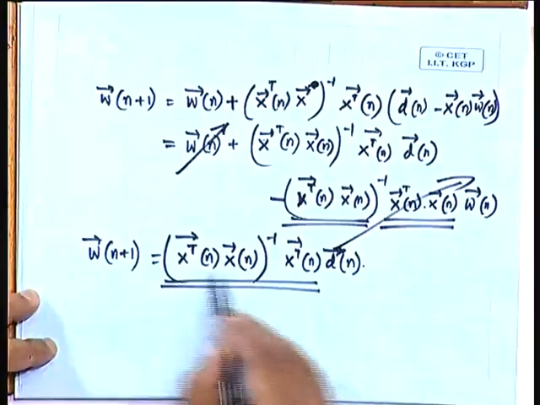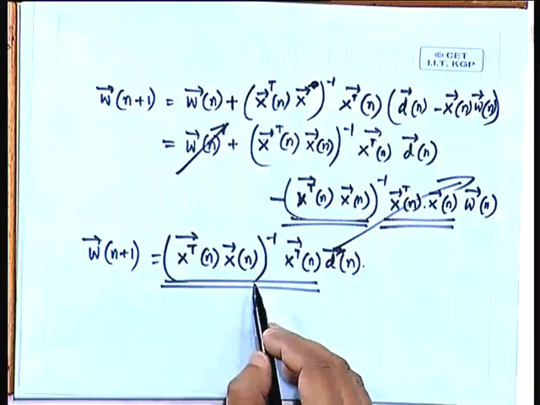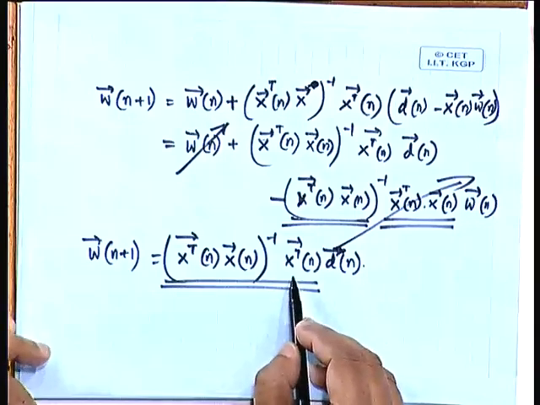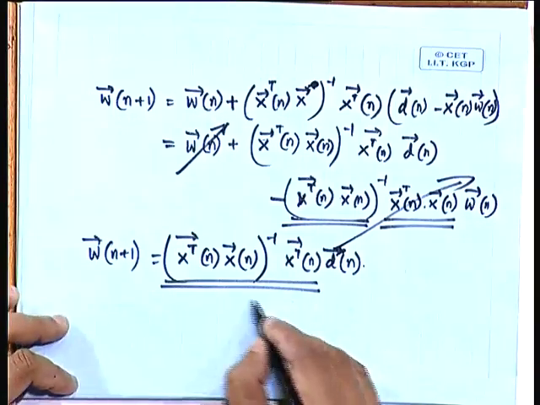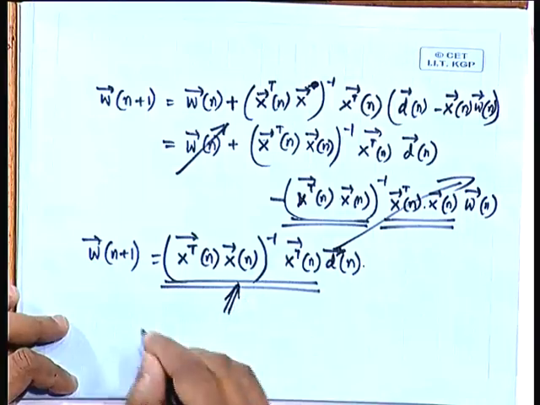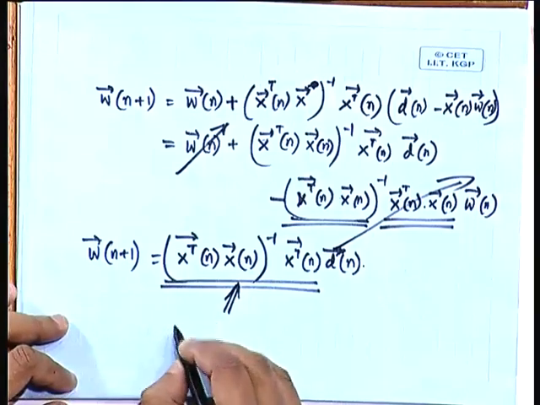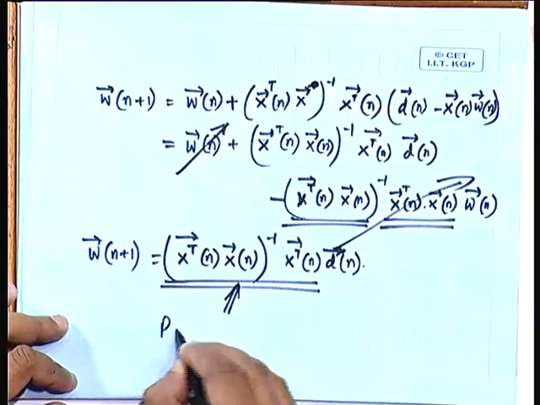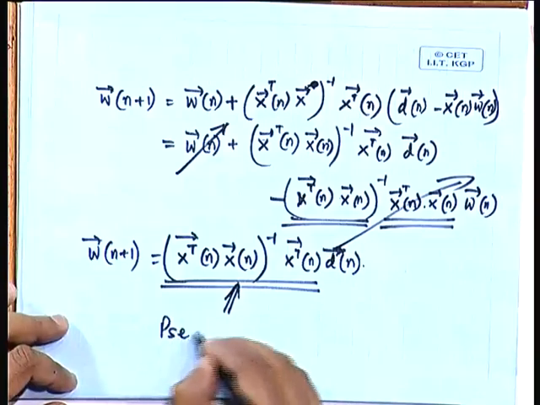Now, this expression, that is X transpose X inverse, this whole inverse times X transpose, this term is recognized as the pseudo inverse of the data matrix X n.